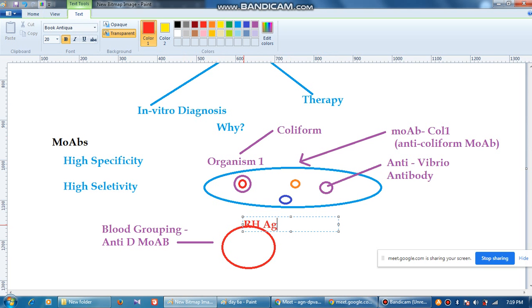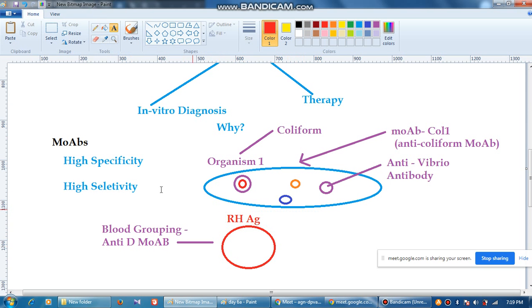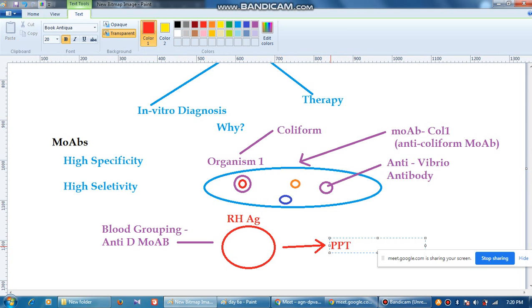If the RH antigen is there, then only the anti-D antibody will make it into a precipitate, and you will understand that your blood group is positive. So there will be a precipitate, and eventually you will understand that the blood group is RH positive.